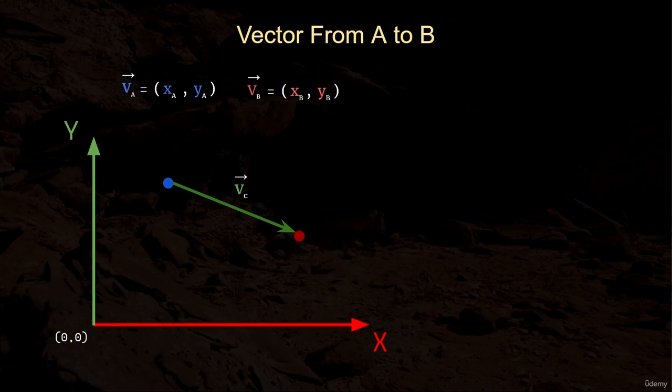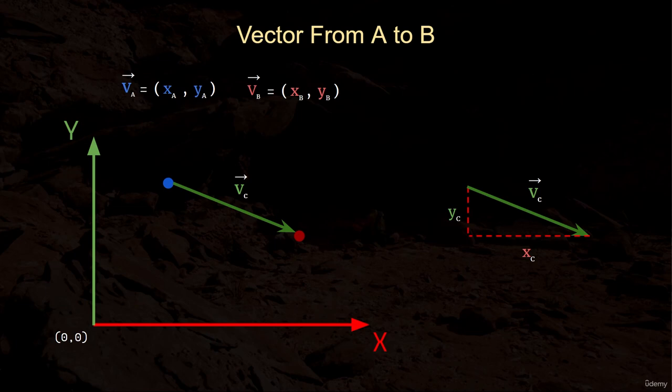In order to get the x and y components of the VC direction vector, we'll call them xc and yc, geometrically, those values are these distances here, formed by this right triangle. XC is the distance in the x direction from the tail of VC to the head of VC.